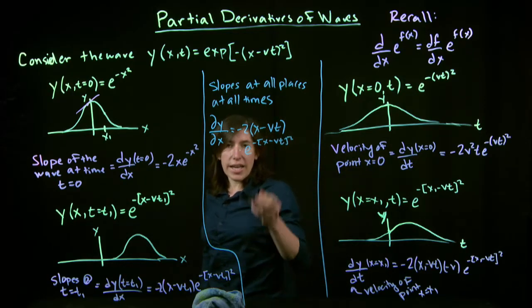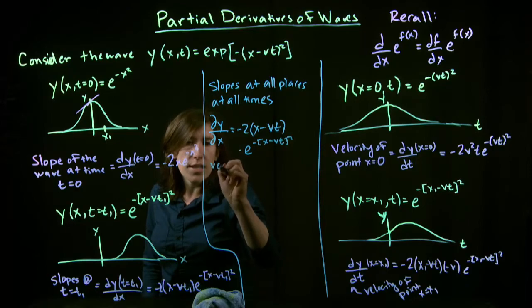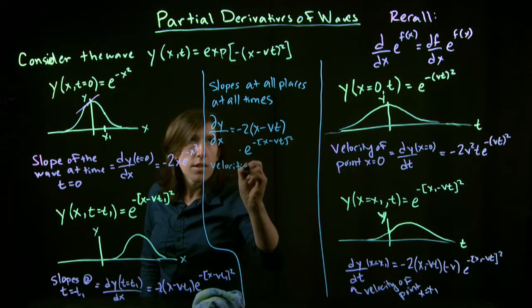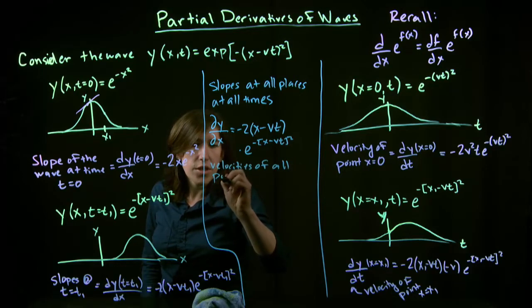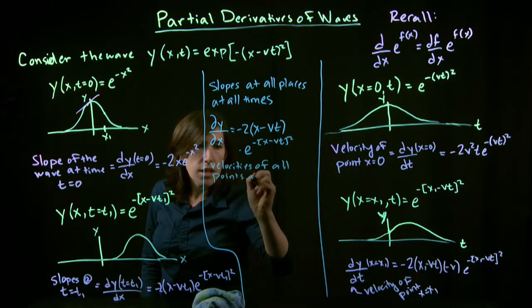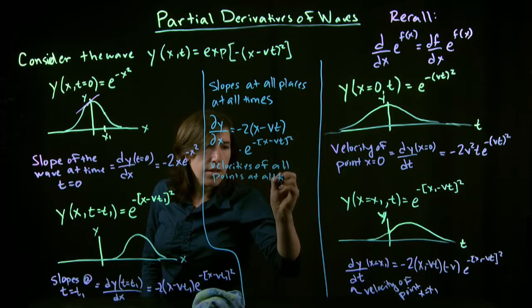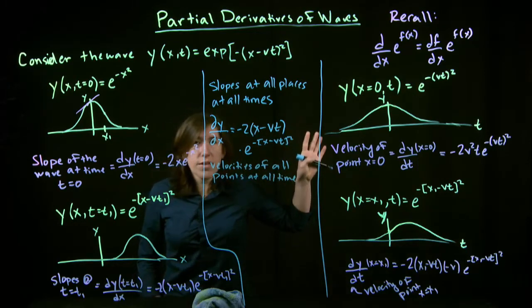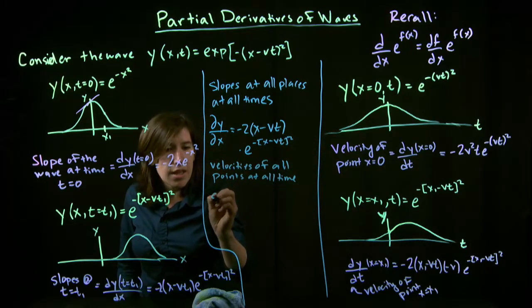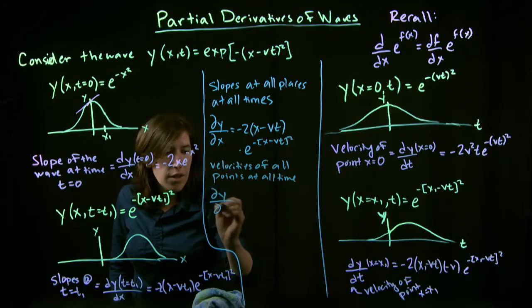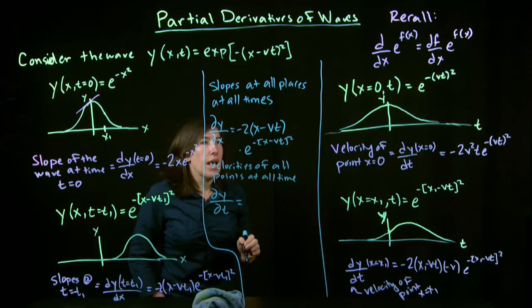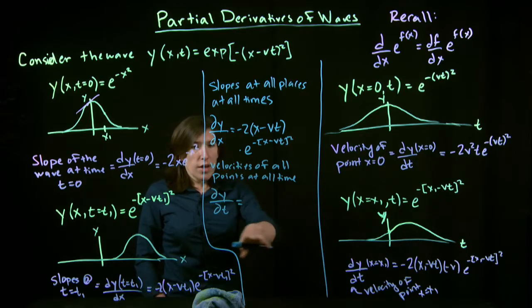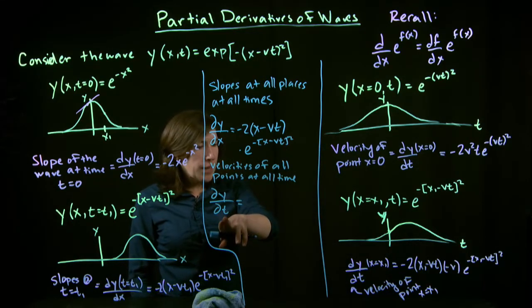On the other side here, if we want to know the velocities of all points on the string at all times, we want to be able to know all of this information. Now we take the partial derivative of y with respect to time this time. And so again, now we're taking the partial of y with respect to t.